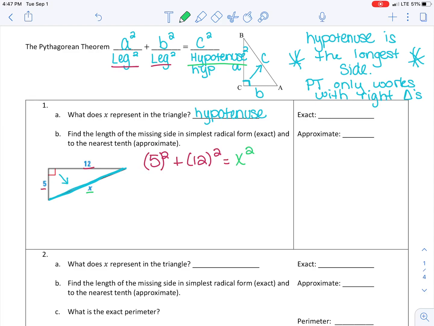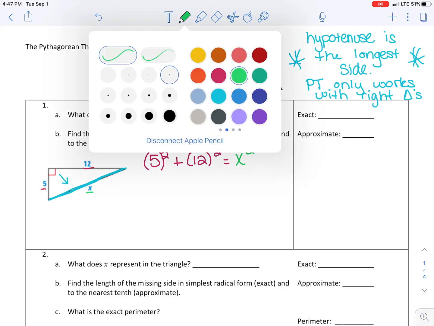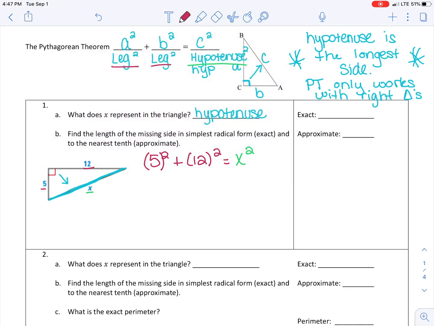Okay, so from here, really all we have to do is some math. So we have 5 squared, which is 25. We have 12 squared, which gives us 144. And that is equal to X squared. Again, just doing a little bit of math here, we're going to add 25 and 144 to get 169. And that's going to be equal to X squared.